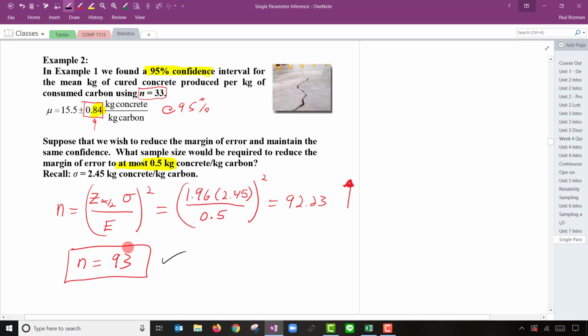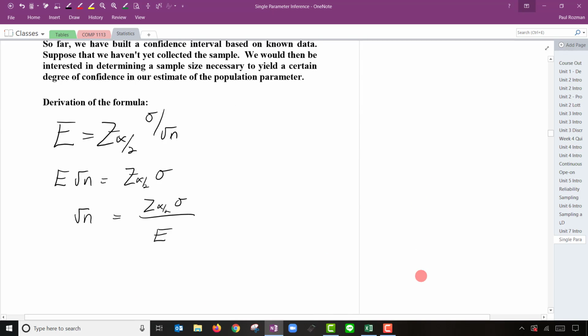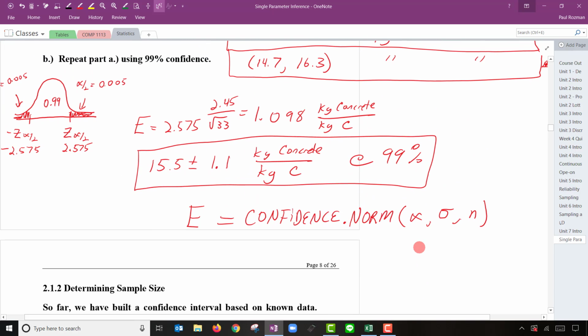You could mess around with your confidence, but it doesn't change the amount that much. This value, it's 1.96 for 95%. For 99%, 2.575.